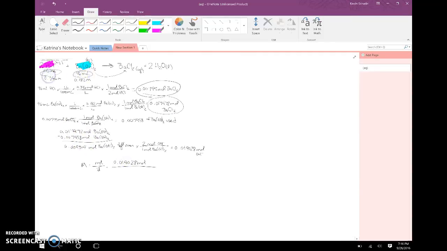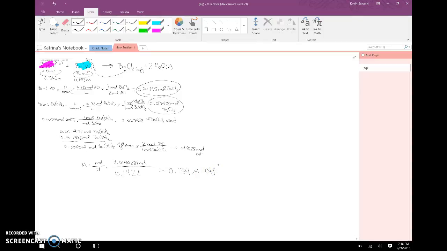Here's the other part of the solution. When you add those together, you get 142 milliliters, which is 0.142 liters. I do the math there in the calculator, and I'm left with 0.134 molar concentration of OH minus.